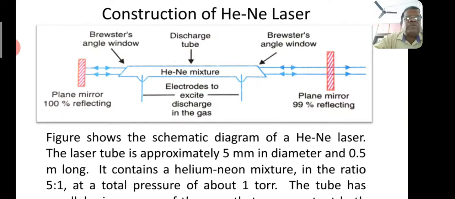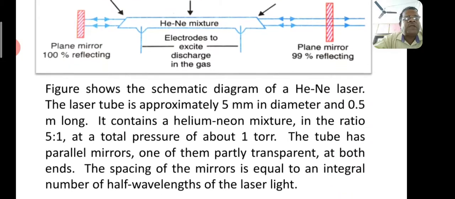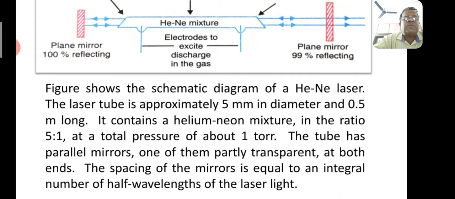The laser tube is approximately 5 mm in diameter and 0.5 meter long. It contains a helium neon mixture in the ratio 5:1 at a total pressure of about 1 torr, that is 1 mm of mercury column.